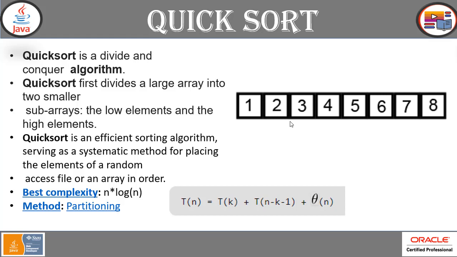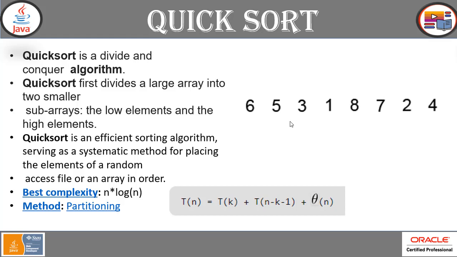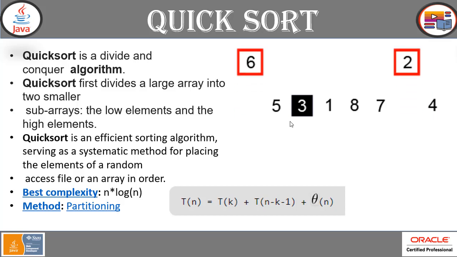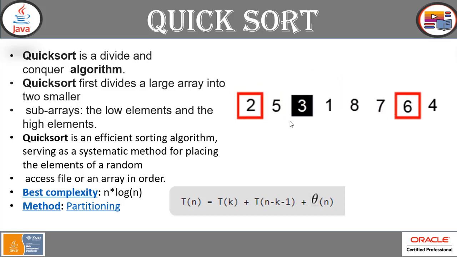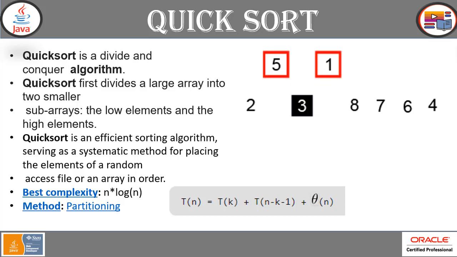This particular algorithm basically has the best complexity of n multiplied by logarithm of n, where n is the number of occurrences for comparison. You are going to put it in your array. So the larger the array, the bigger the number of elements, the larger the number of comparisons. But divide and conquer makes it a little bit better. So based on that, this is the complexity that is going to happen in this algorithm.